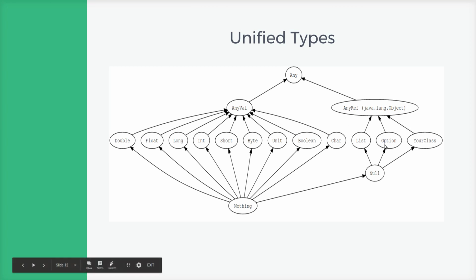Like we have List, Option, or the Point class that we saw in the previous slides. Also, in Java, if you remember, the primitive types like ints cannot be null, and in this case we are respecting that, and we have a Null subclass that can be used only in objects from Java, from the AnyRef class.